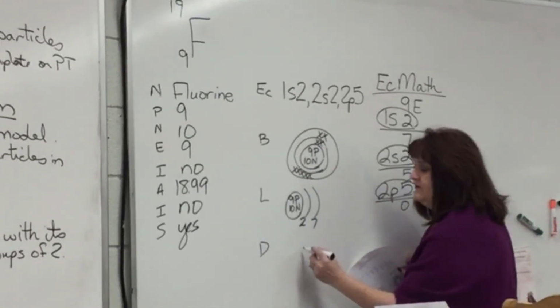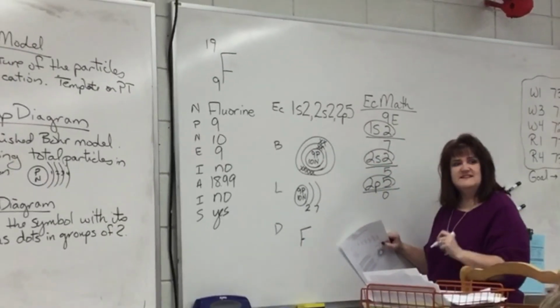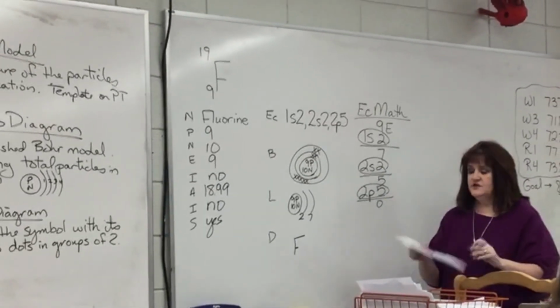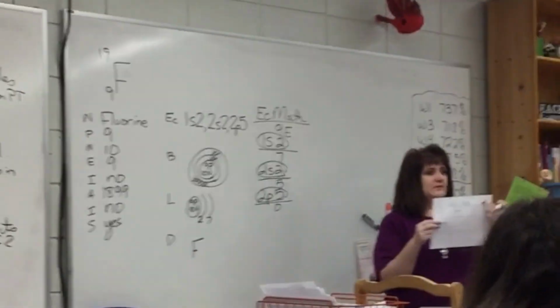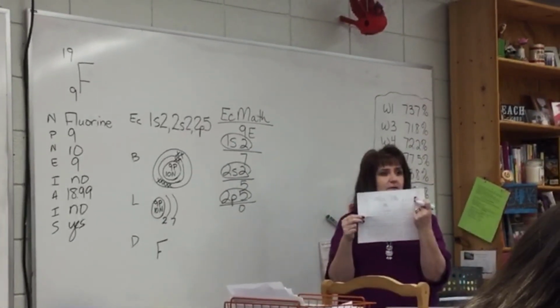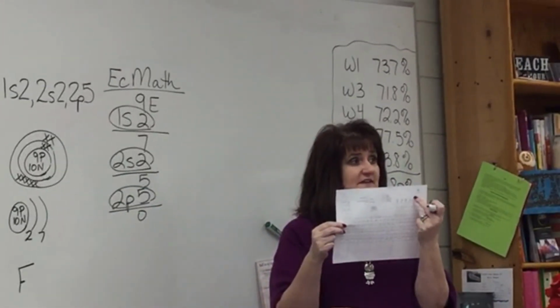The dot diagram shows the symbol with its valence as dots in groups of 2. So remember, on the periodic table, we wrote the valence and we circled it. So you find your element, you go straight up. The valence number is circled up there, so it's 7.